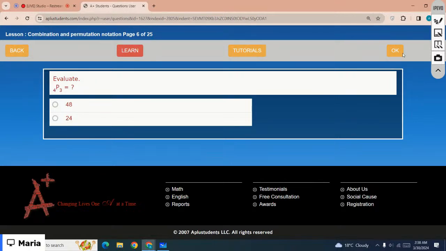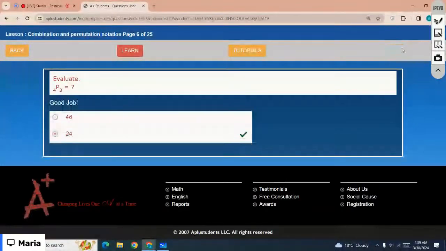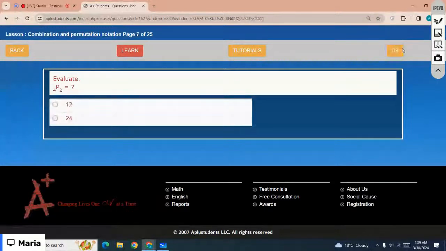The next one is 4P3. The correct option is 24, right? Option number two is the correct option. The next one is 4P2.